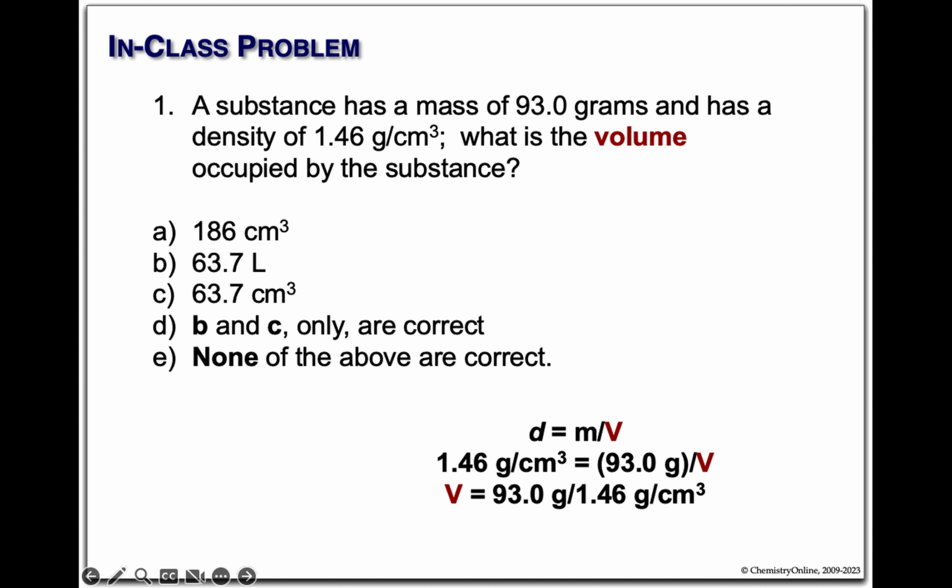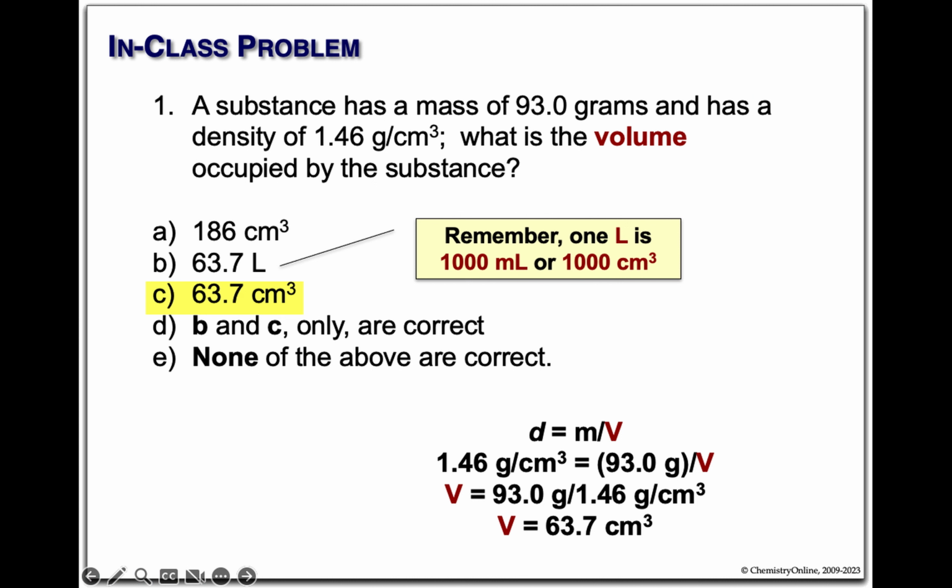We can also do this using given and find ratio. That's our given. Here's our ratio. Flip it upside down, multiply it out, 63.7. That's a liter. Remember, 1,000 cubic centimeters in a liter. Any questions?